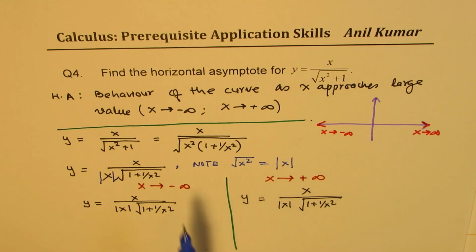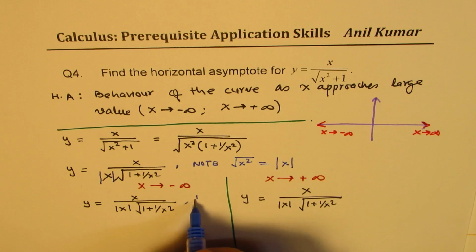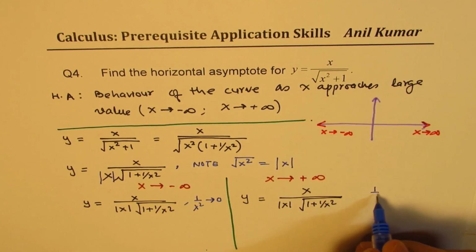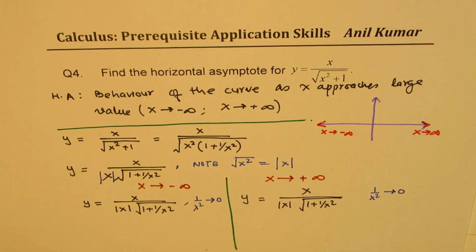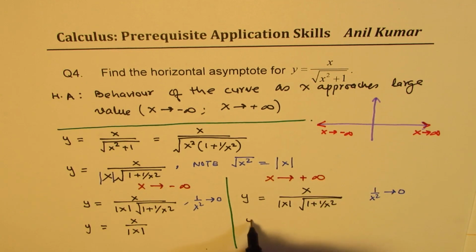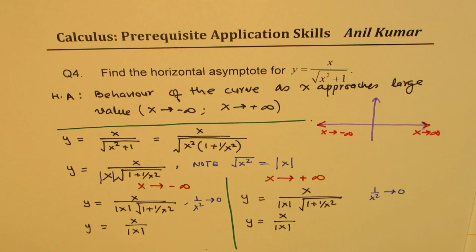Now in both cases, if x is very large, positive or negative, what we see here is that 1 over x squared will approach 0, correct? So what we get here basically is that y is equal to x over absolute value of x, because 1 plus 0.